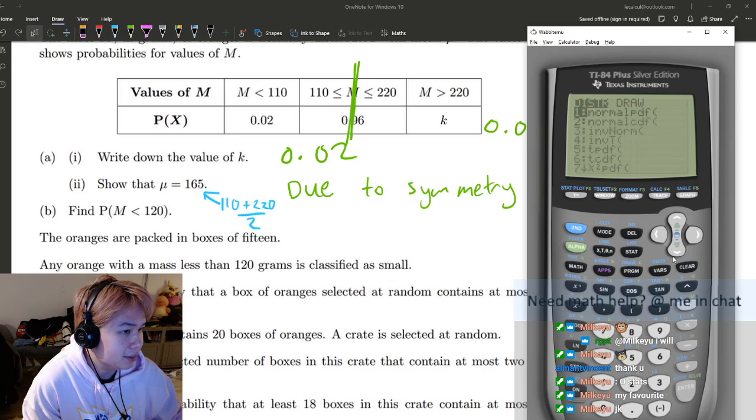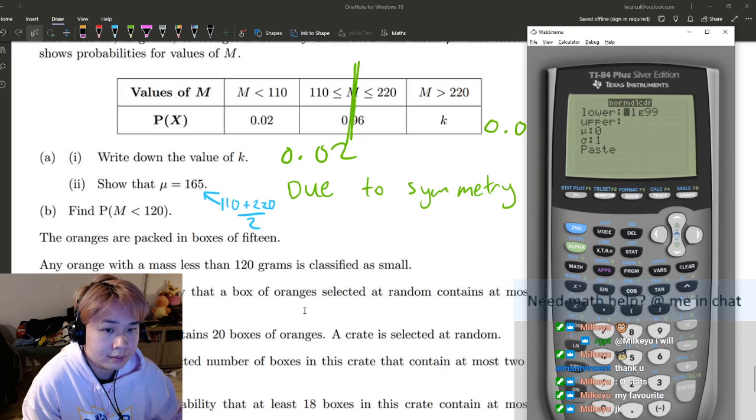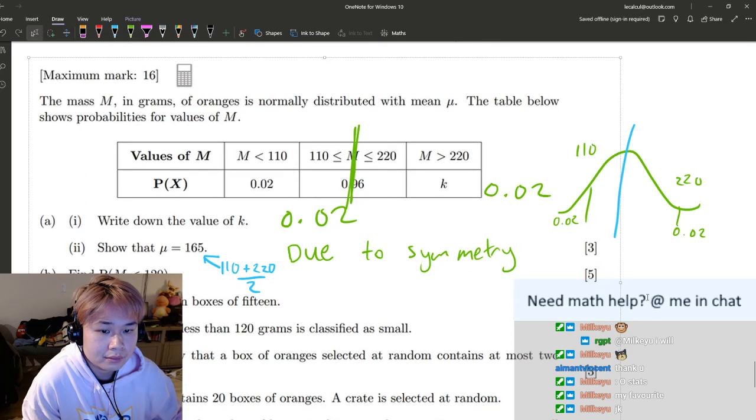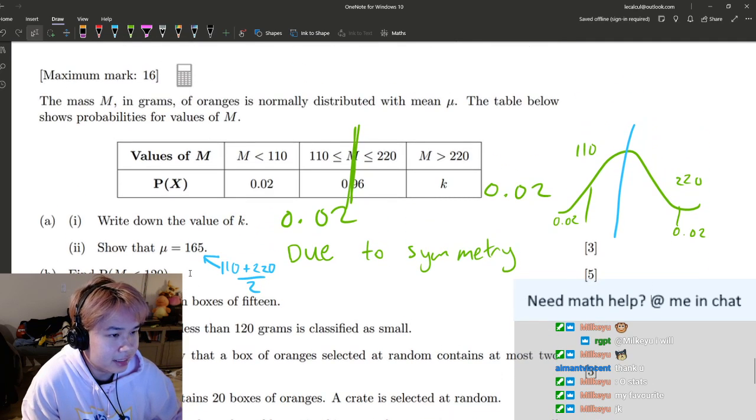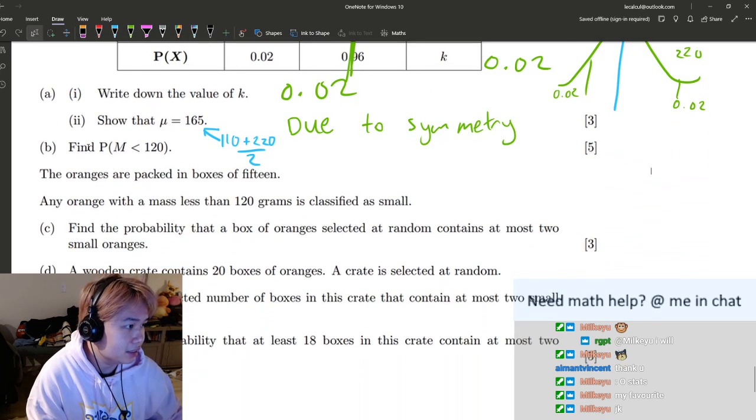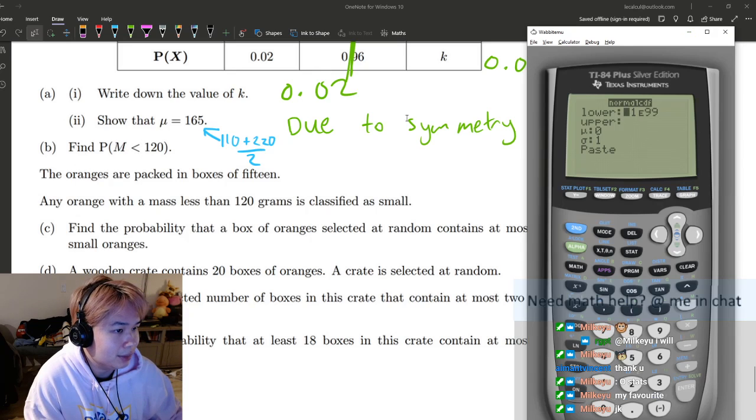So we go to our distribution page, and then we have our normal CDF. And then we need to find less than 120, but that means we need standard deviation. Oh, okay. So to find this, we need to find standard deviation, because you see, I need to know what it is.